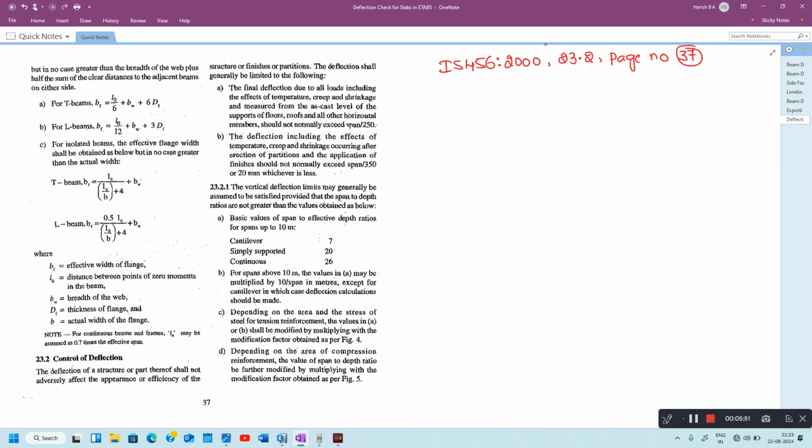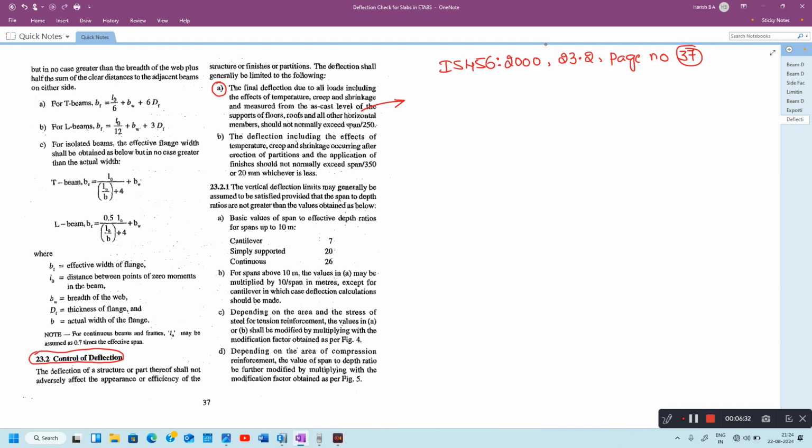Here it is, clause 23.2, control of deflection, in which you have two clauses. First, A: the final deflection due to all loads including the effects of temperature, creep and shrinkage, and measured from the as-cast level of the support of floors, roofs and all other horizontal members, should not normally exceed span by 250.